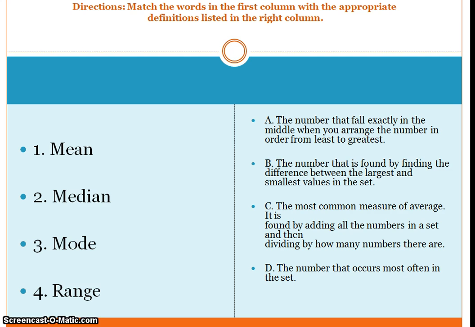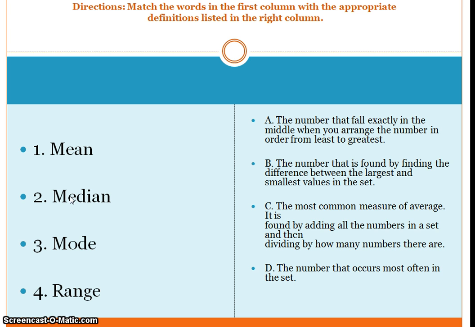Now, this is going to be an assessment for students, a quick activity, no longer than 8 minutes. They're going to match the words in the first column with the appropriate definition listed in the right column. So, we have mean, median, and mode. For example, 1, mean, will match C, the most common measure of average, and they will do the same thing for 2, median.